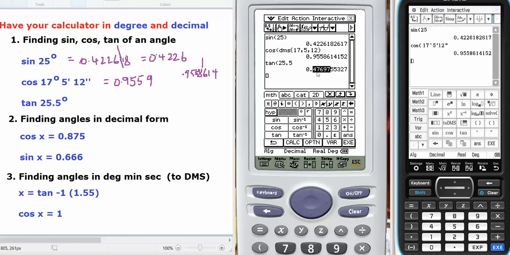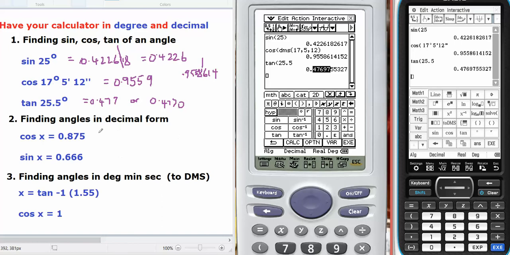The 7 is big, so the 6 will become 7. 0.4770, I'll accept that, or I'll accept 0.477. And over here the tan of 25.5 equals the same answer.